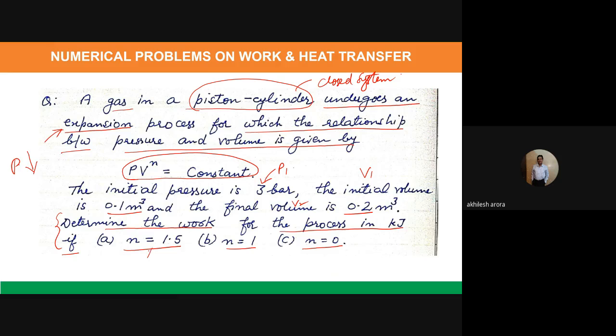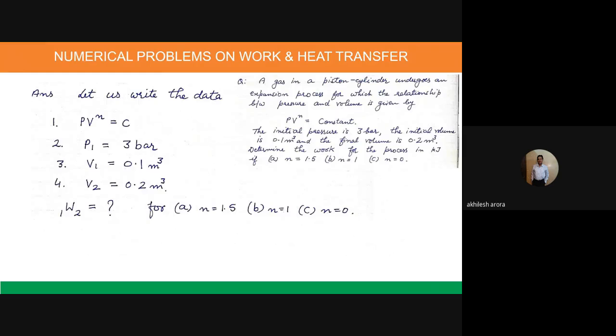When n is equal to 1.5, we are talking about the polytropic process with n value as 1.5. When n is equal to 1, it means temperature is constant. When n is equal to 0, it means pressure is constant. So let us see how to calculate the work transfer in each of the cases.